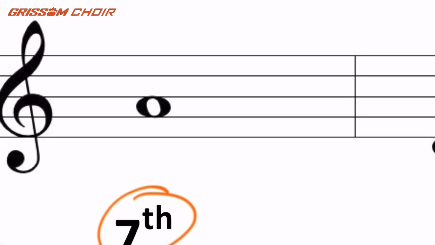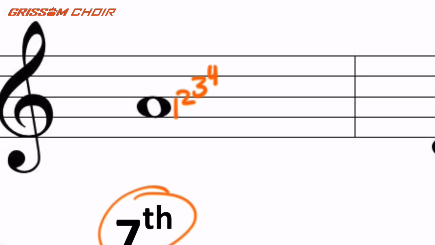So you would do the exact same process: count this note as 1, next line would be 2, 3, 4, 5, 6, which means the space above this top line is that seventh. So then you would just draw the note right there, and that is an interval of a seventh.